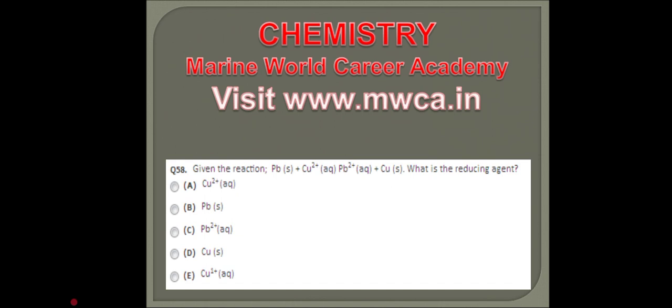Then question number 58. One reaction is given. Pb plus Cu2 plus gives Pb2 plus and Cu. So what is the reducing agent?